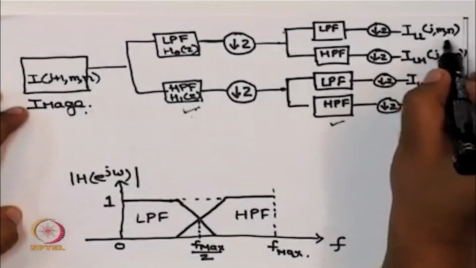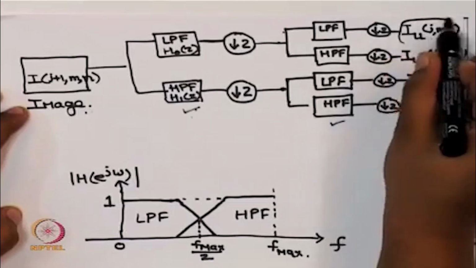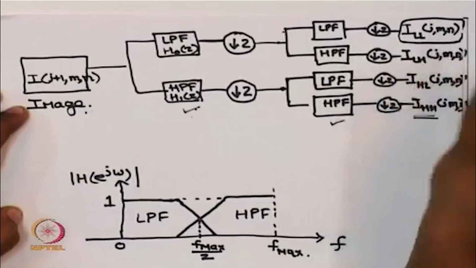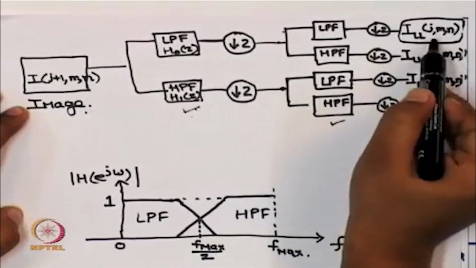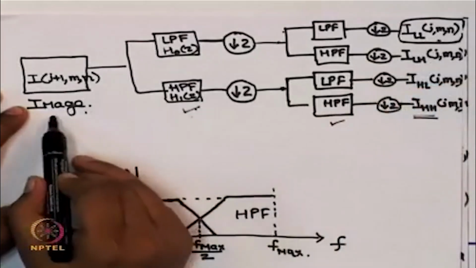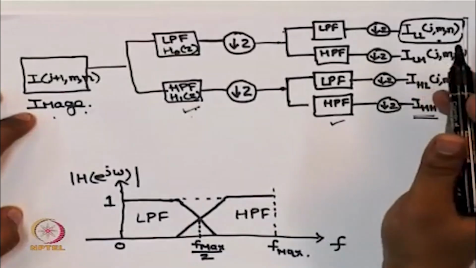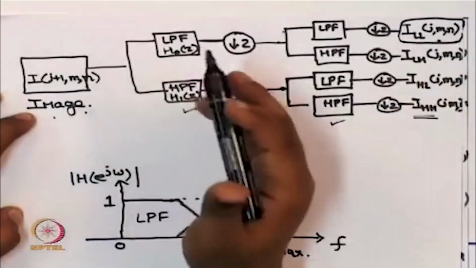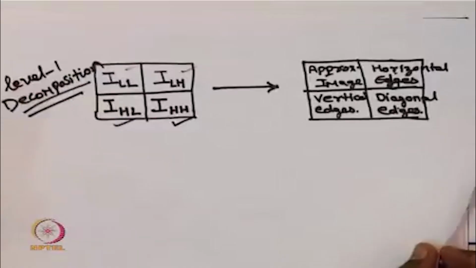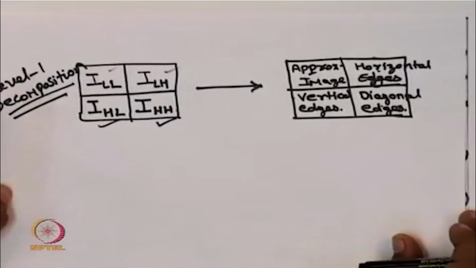So if we perform the same operation as we have done for level 1 decomposition over here and take the output that we have obtained as ILL at scale J, and now consider this output as an input over here and perform the same operation that we have carried out before, we will get level 2 decomposition.